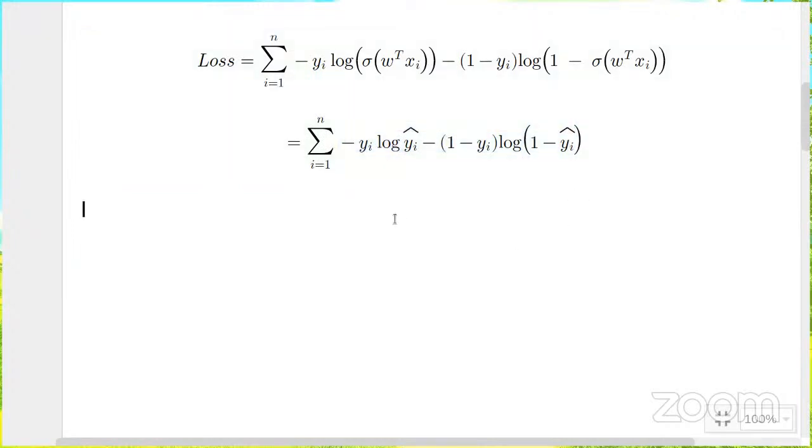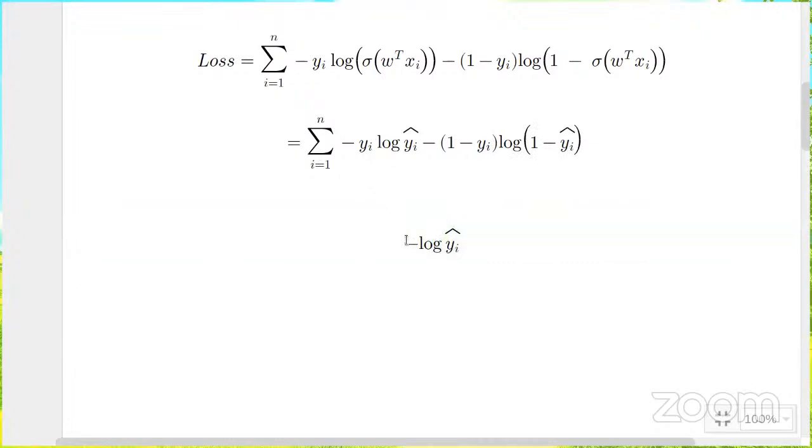If the label is 1, one of the parts will be 0, and the first part will remain, since yi is 1. So it will just be log of y hat.